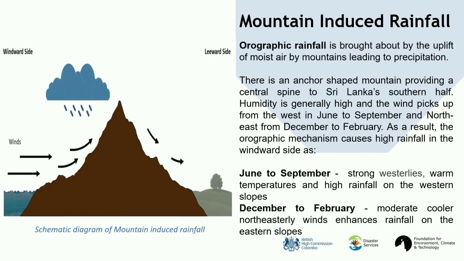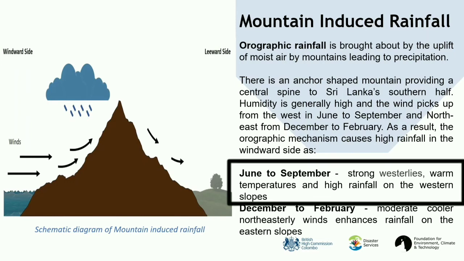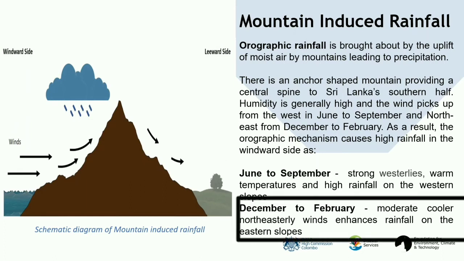Humidity is generally high in Sri Lanka. As a result, the orographic rainfall mechanism causes high rainfall during high winds on the windward side. From June to September, during the periods of strong westerlies, there is high rainfall on the western slopes. From December to February, the moderate winds arriving from the northeast lead to enhanced rainfall on the eastern slopes.